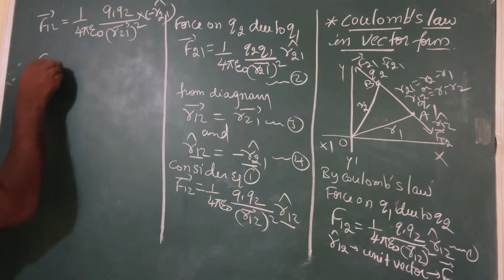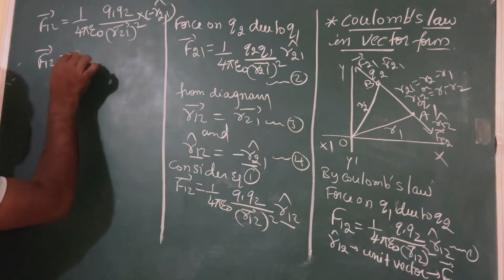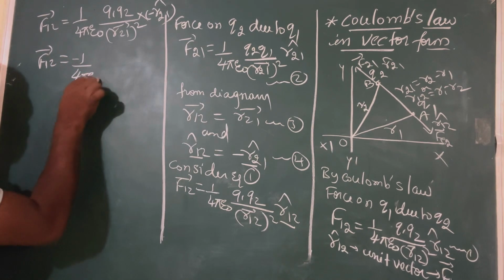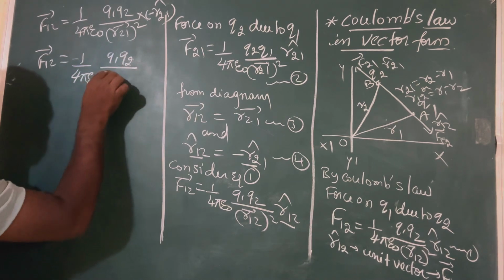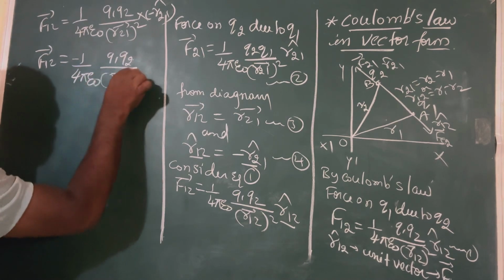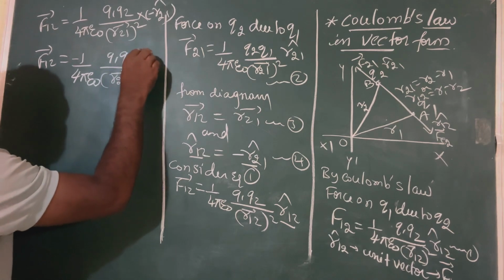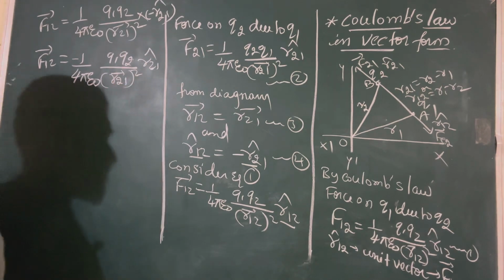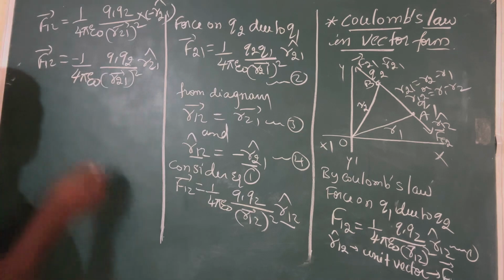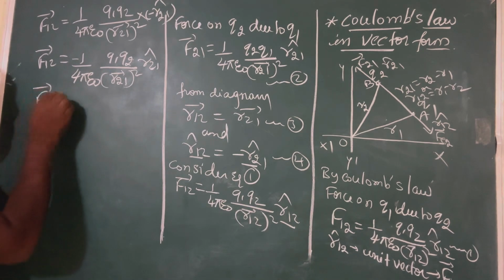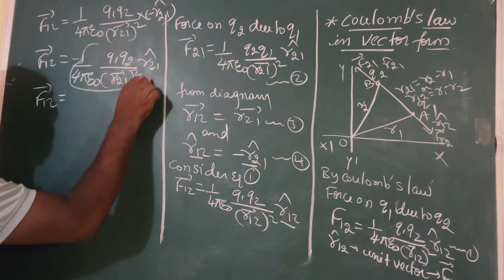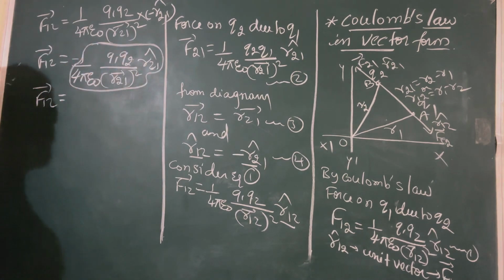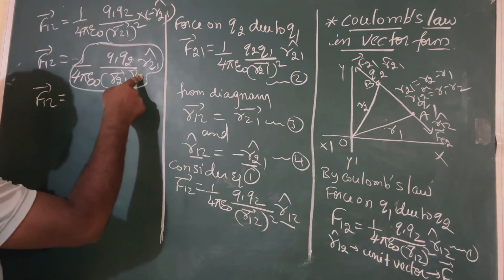So the F12 vector, that is the force, should be equal to, taking this minus outside, minus 1 by 4 pi epsilon naught q1 q2 divided by r21 whole square into r21 cap. And what is this value? 1 by 4 pi epsilon naught into q1 q2 divided by r21 whole square into r21 cap is F21.